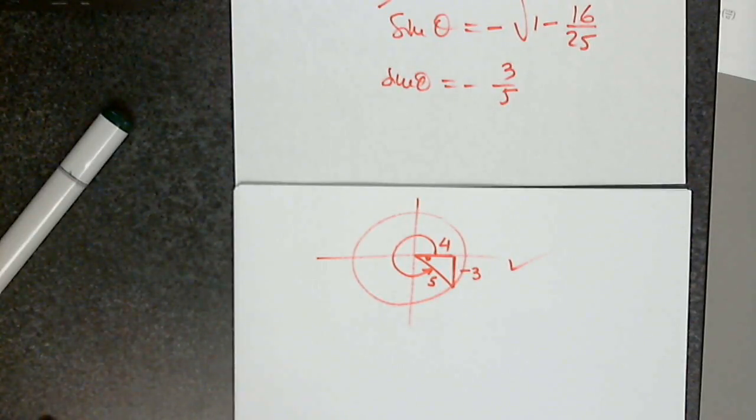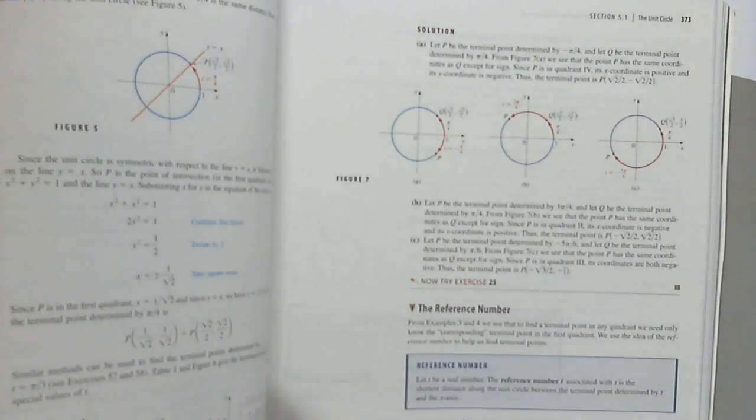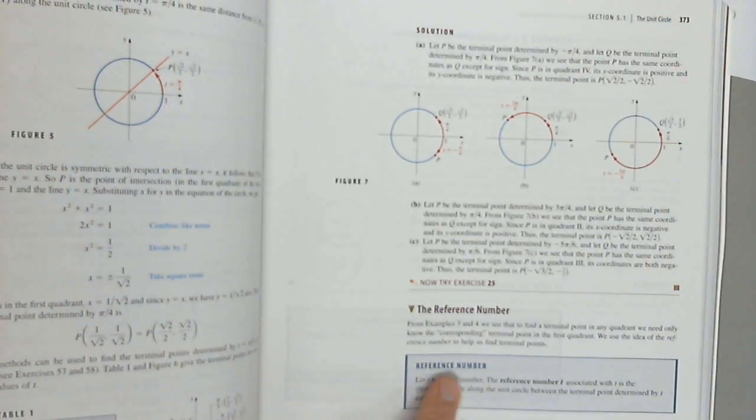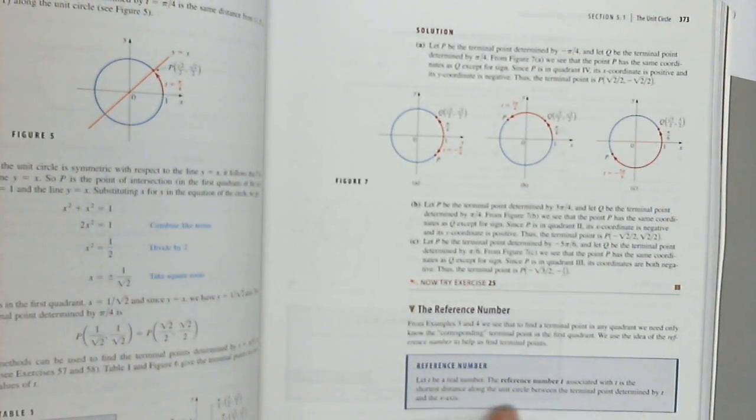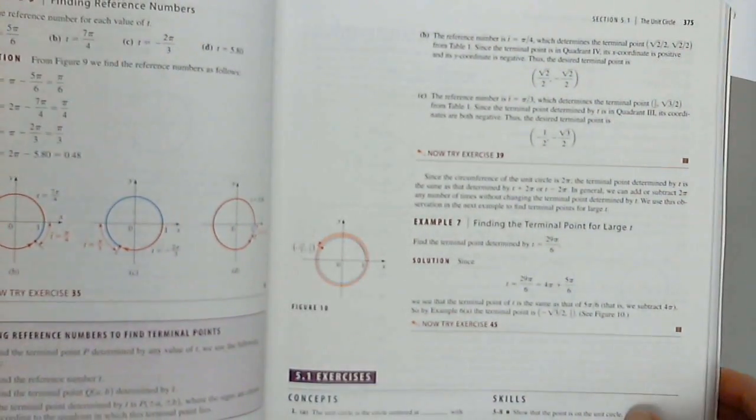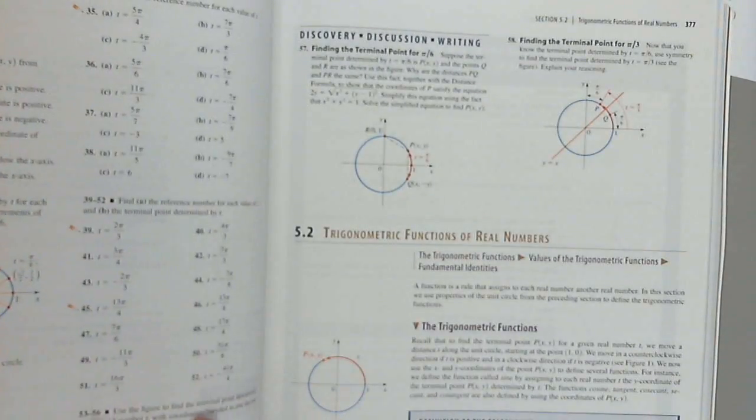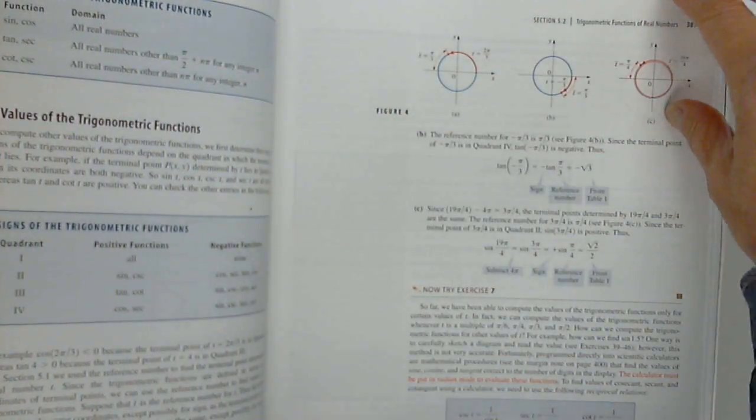The reference number, which is the same thing, is the shortest distance along the unit circle between the terminal point and so on and so forth. It's the same thing. Okay. Reference number and terminal points. So we can pick a problem from page 376, and everything we just discussed from the beginning is in 5.2.